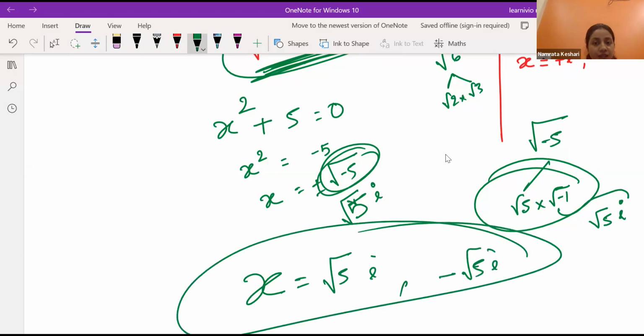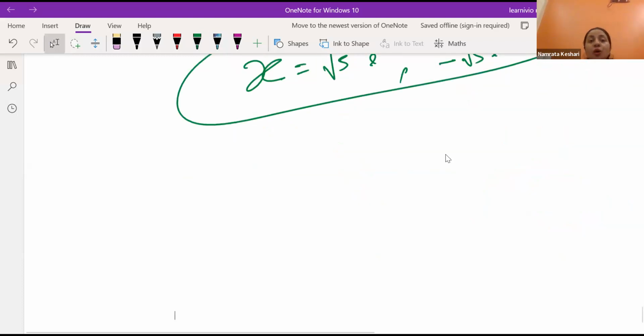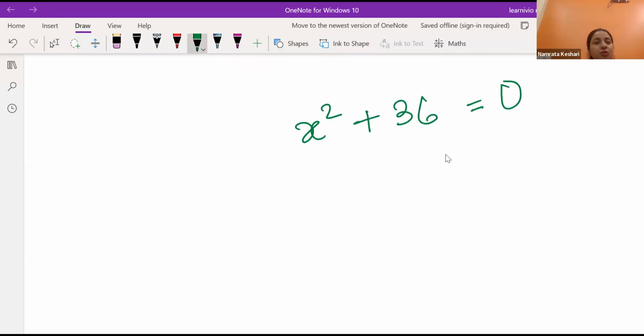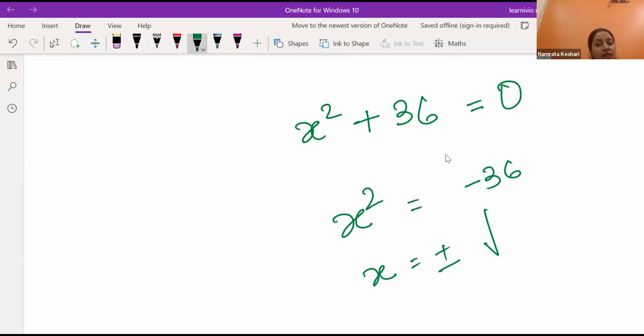Now I will show you a perfect square number. If I show you x square plus 36 equals 0, here also you find x square equals minus 36 and x equals plus minus root minus 36.